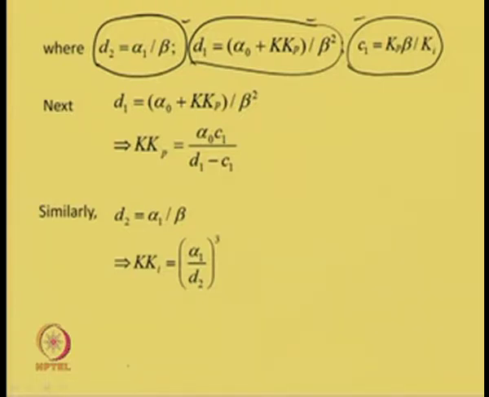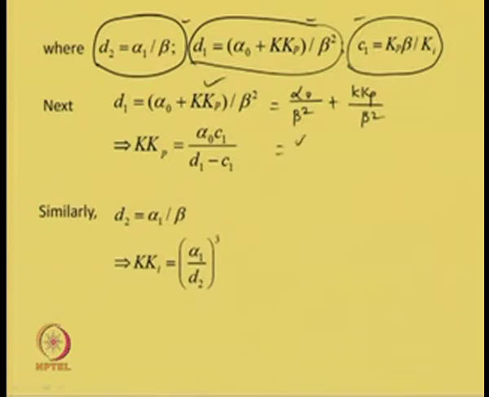Now, using these 3 variables, one can write d1 is equal to alpha 0 plus k Kp upon beta squared, which is equal to alpha 0 upon beta squared plus k Kp upon beta squared.